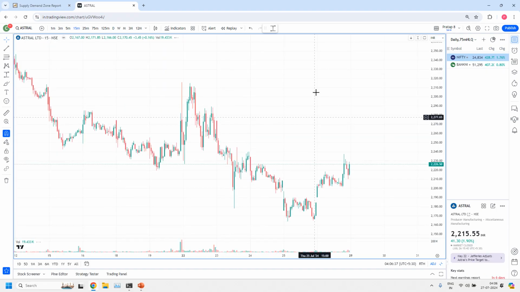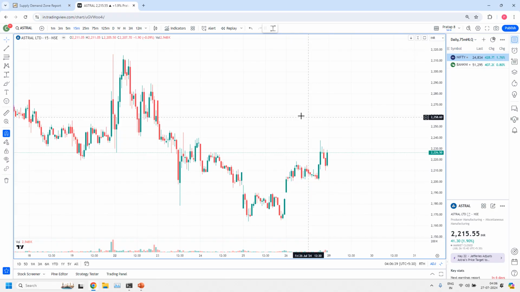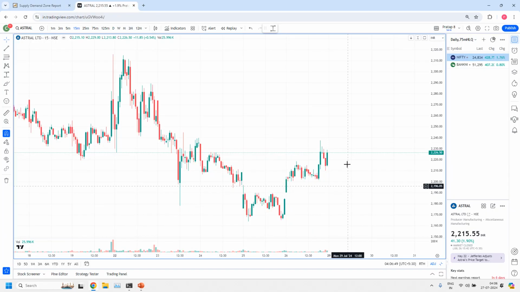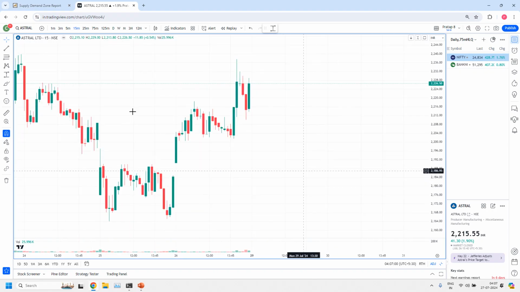So Astral, this is a 15 minutes time frame. Let us check when the zone is created. This is the 25th July, 14:30 hours after the two base candles. Yeah, here at 14:30 we have a drop, we have two base candles and we have a rally candle.